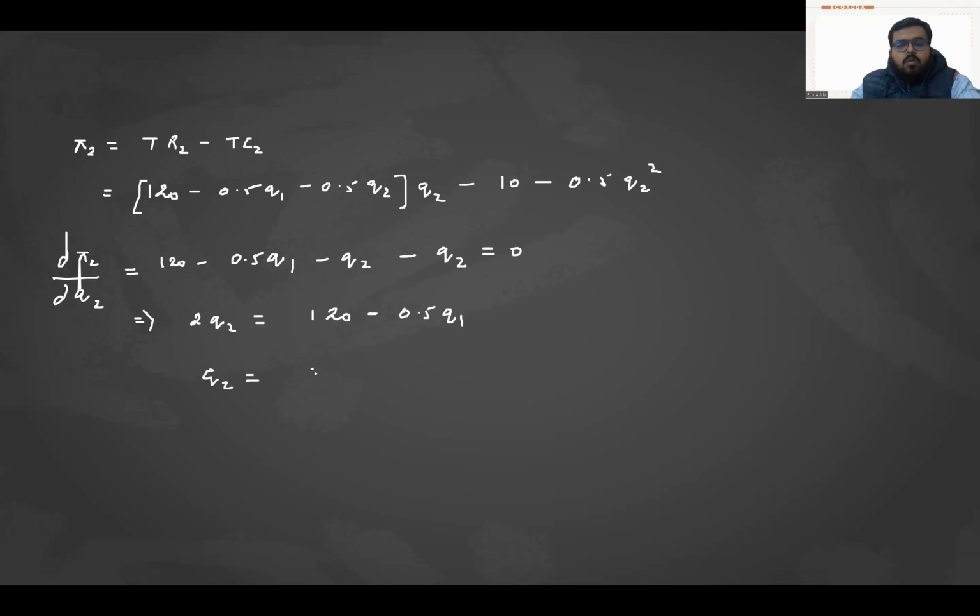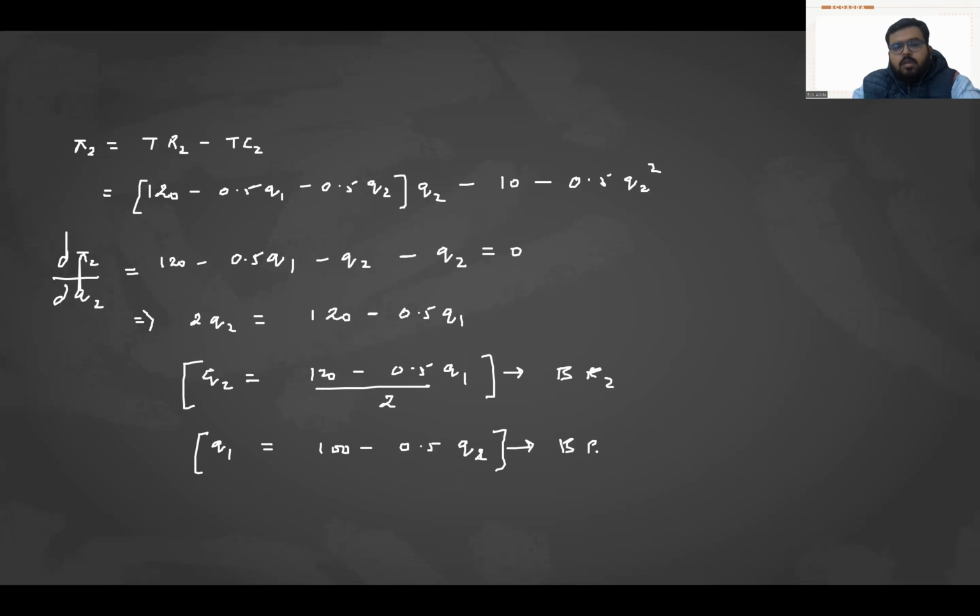Therefore, Q2 = (120 - 0.5Q1)/2. This is the best response function of firm 2. And I'm just writing the best response function of firm 1, which is 100 - 0.5Q2. Right? All we need to do is substitute Q2 into Q1.